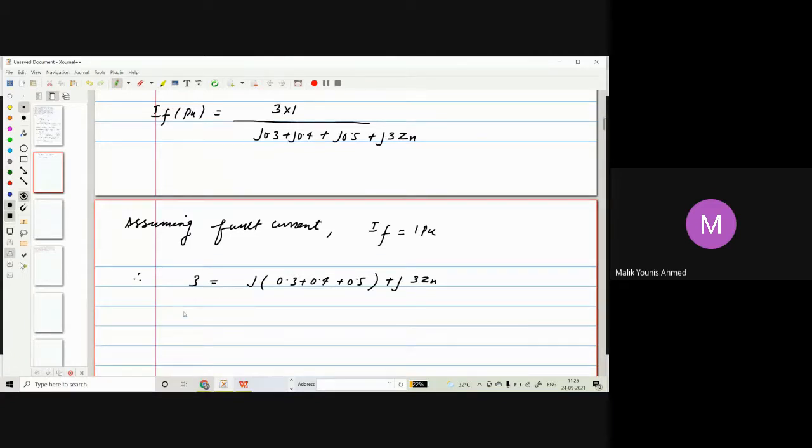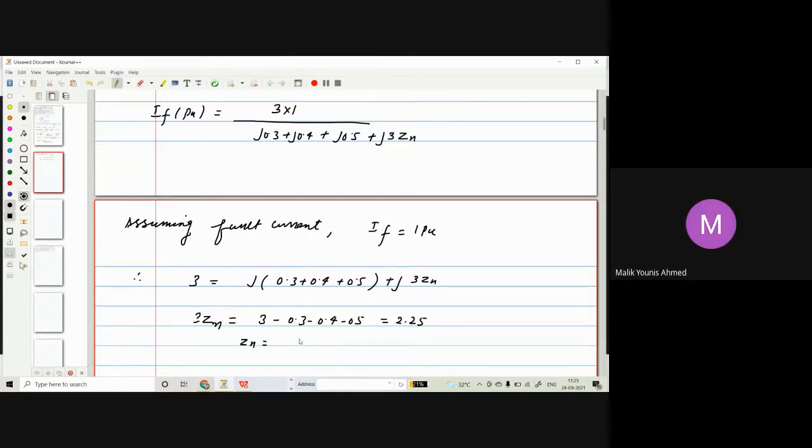So 3Zn will be, since we are concerned with the magnitude, 3 minus 0.3 minus 0.4 minus 0.05, which equals 2.25.